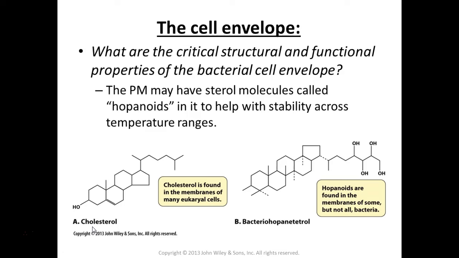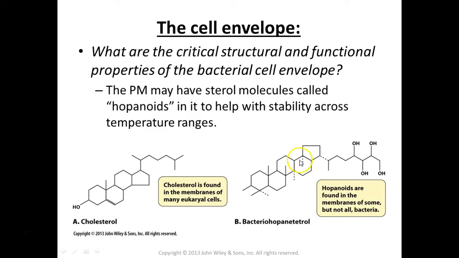This helps give stability and rigidity to the membrane. You make cholesterol for your membranes, right? Bacteria make something similar. They make hapanoids. So when you look at the structure, here's cholesterol, there's the bacterial hapanoid. Oh my gosh, these names will kill me, right?